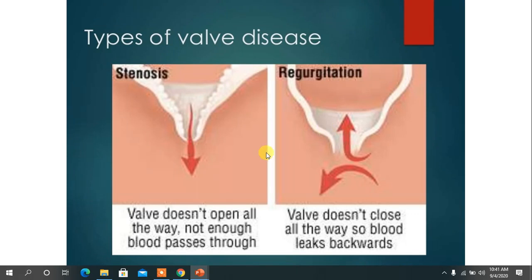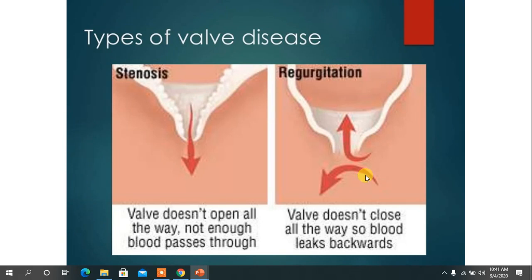So for types of valvular disease, there may be narrowing of the valve, producing stenosis, in which the blood flow from one side of the heart to the other will be slowed down because of narrowing of the orifice. Regurgitation means the backflow of blood.